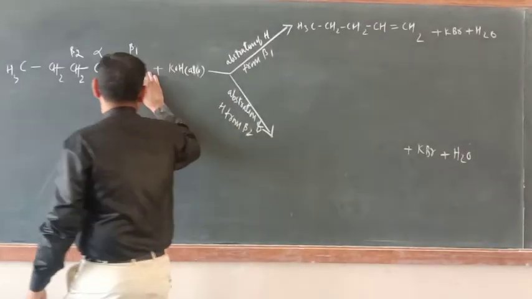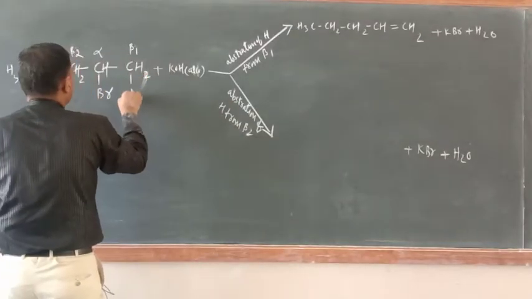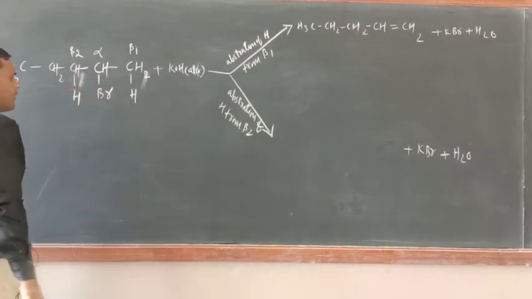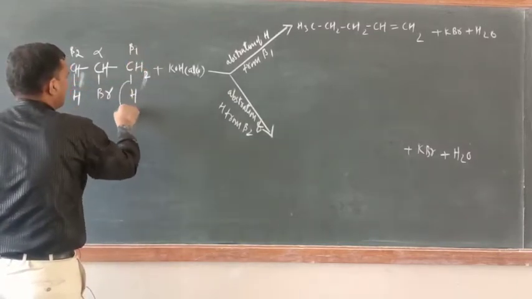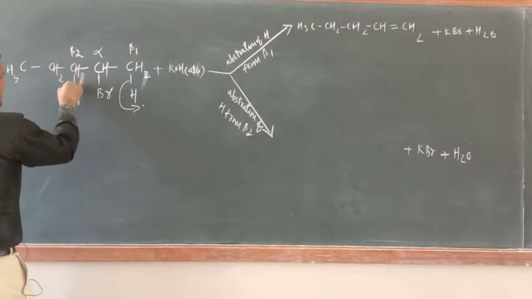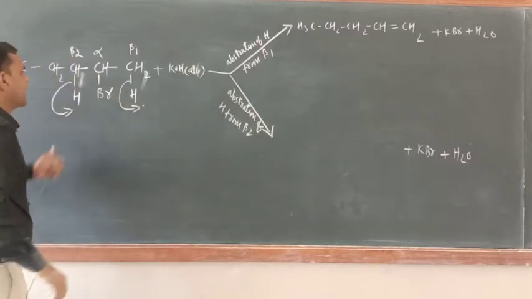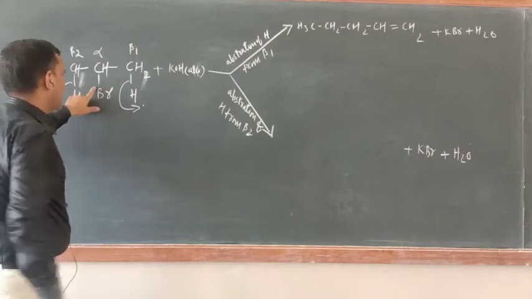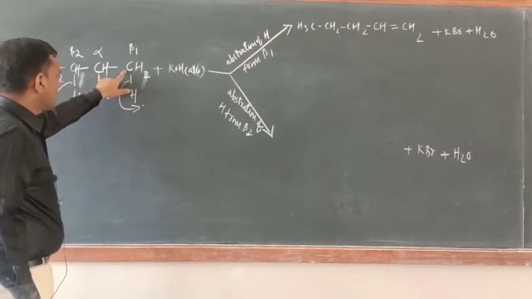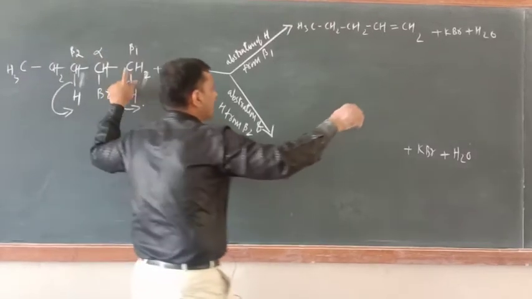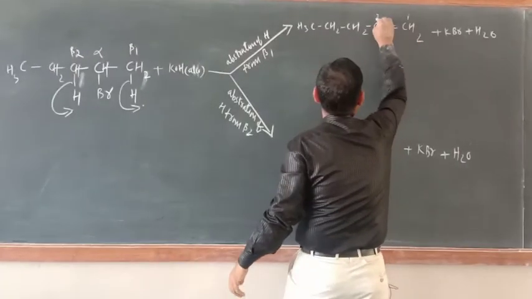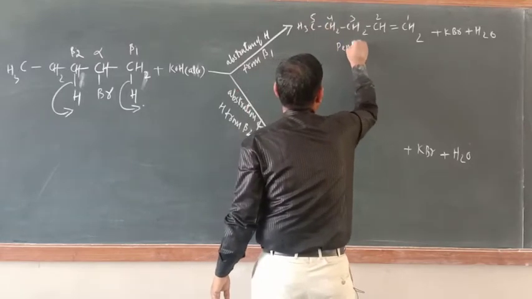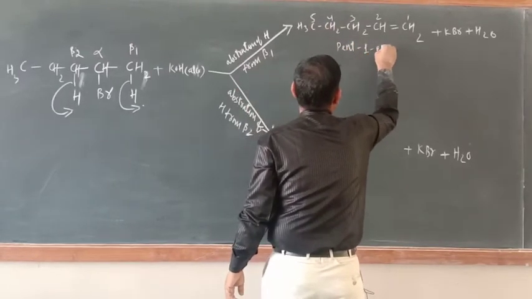You can write this one in this way also, CH2 and H. Okay, here also CH and H. Okay, so now in case of beta 1 this will be eliminated, in case of beta 2 this will be eliminated. Now Br must be with K, it will be eliminated. So a double bond is generated here. Just see what is the name of this one. 1 2 3 4 5. This is pent-1-ene.